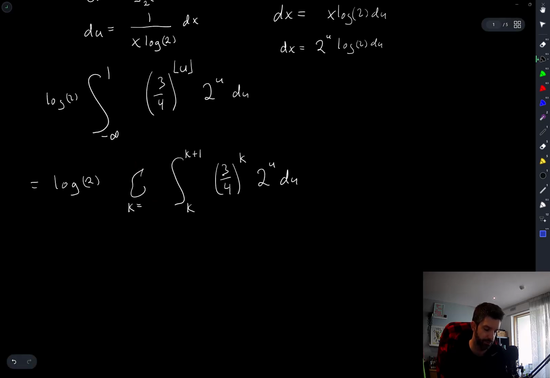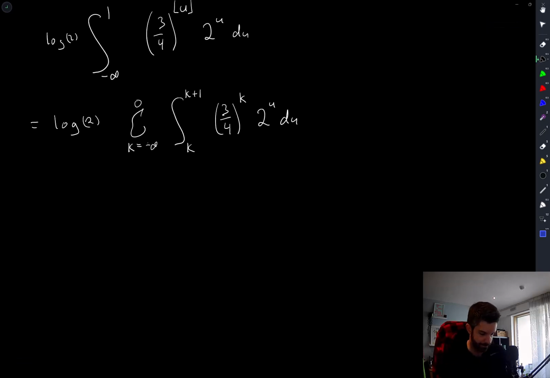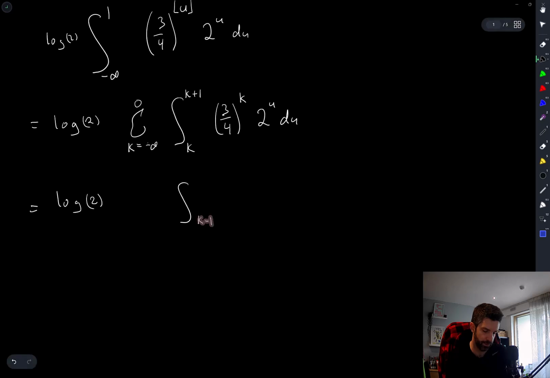Let's write it properly. I need this to count downward. So k goes from 0 to infinity.